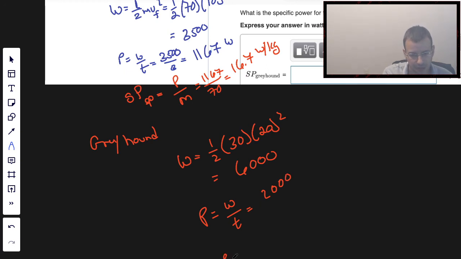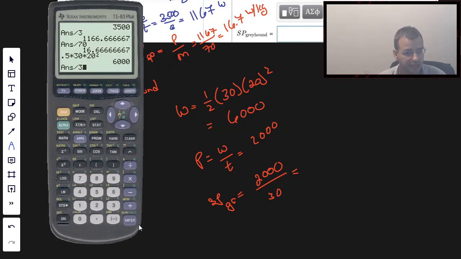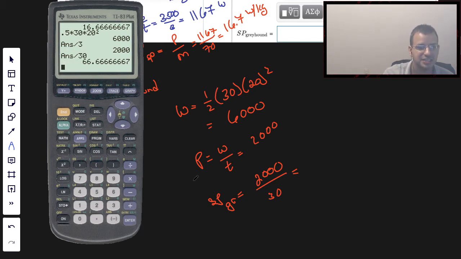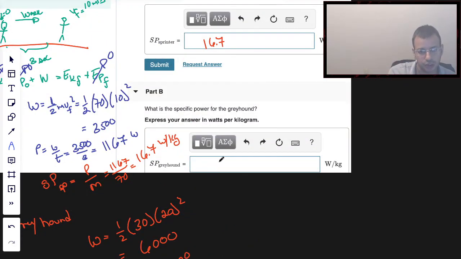Then the specific power of the Greyhound is going to be power divided by mass, which is 2,000 divided by 30, which gives us 66.7 watts per kilogram. Therefore, the specific power delivered by the Greyhound is greater than the specific power delivered by the sprinter.